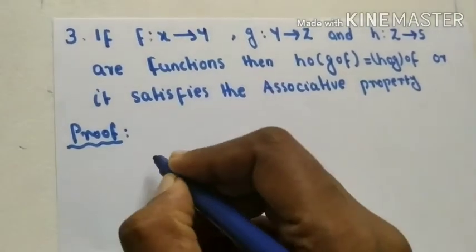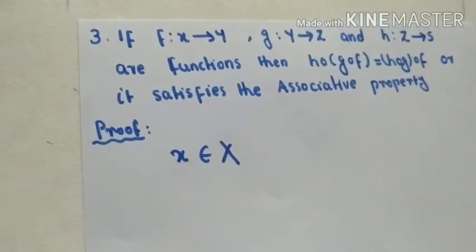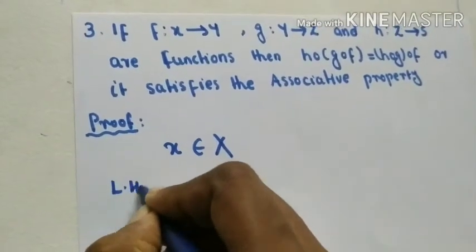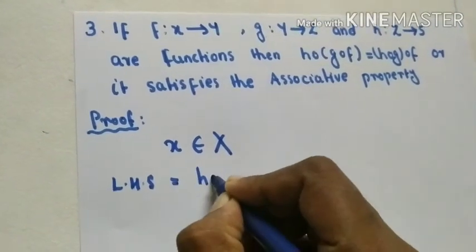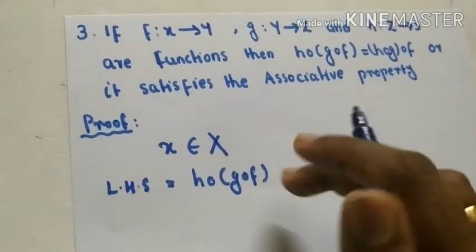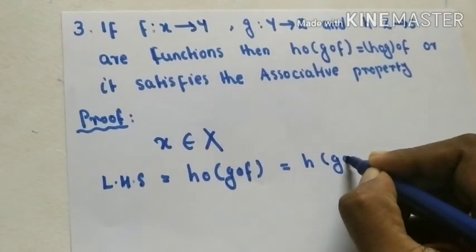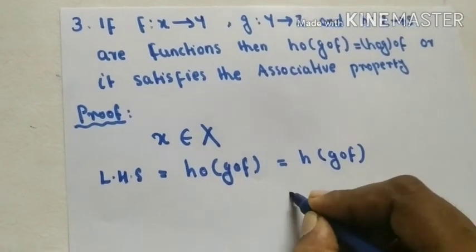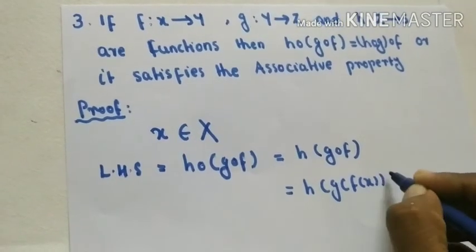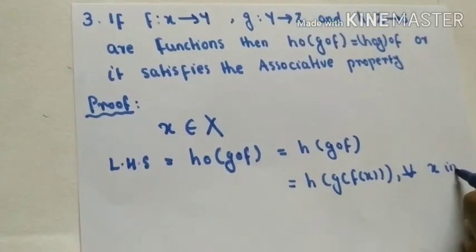Consider any arbitrary element x in set X. Let's start with the LHS. Our LHS is equal to h of g of f, which can also be written as h of g of f of x for all x in X.